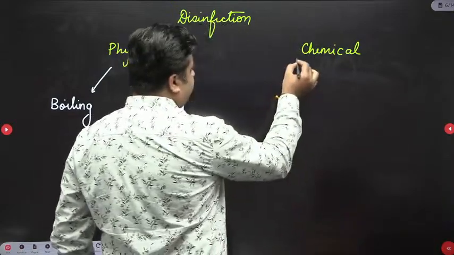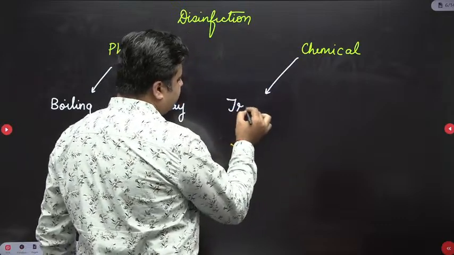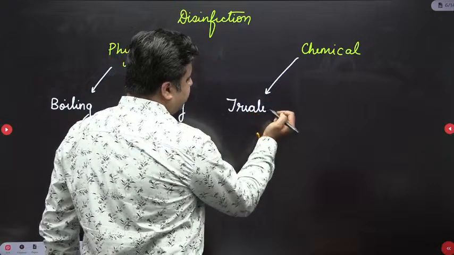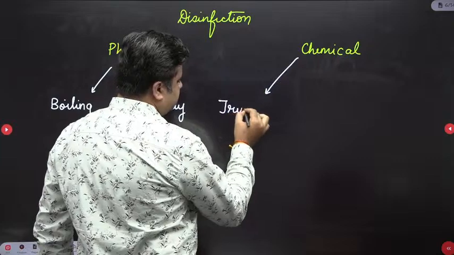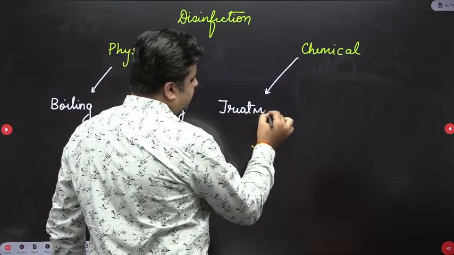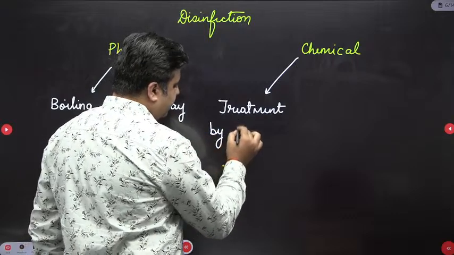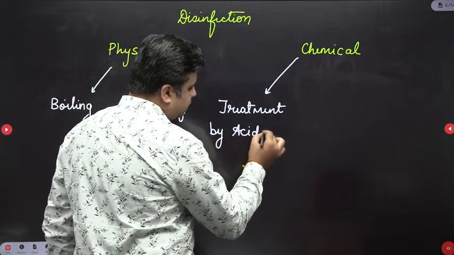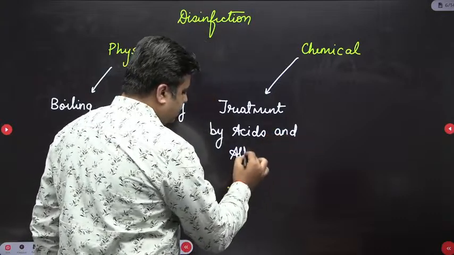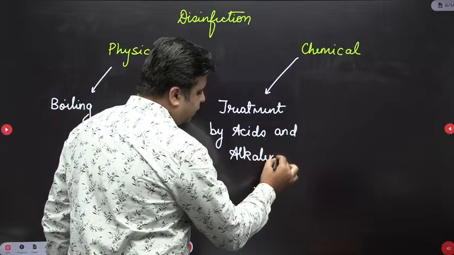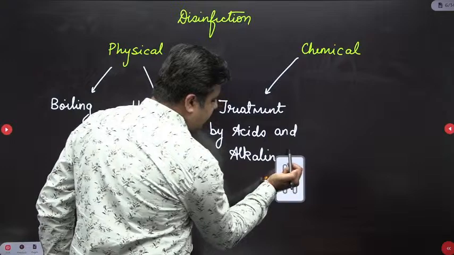In the chemical method of disinfection, the first method is treatment by acids and alkalis.